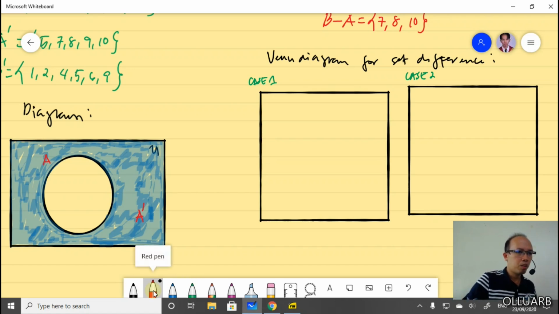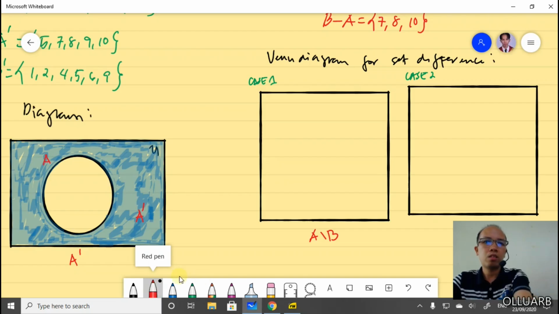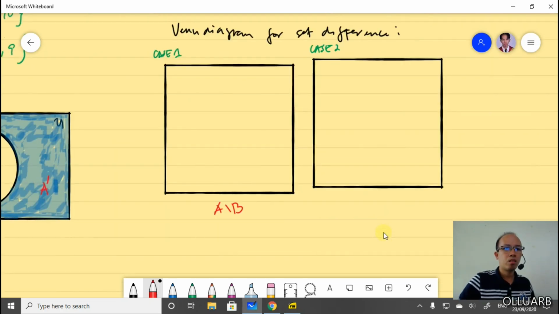This is for A prime. This is for A minus B. Make a circle.